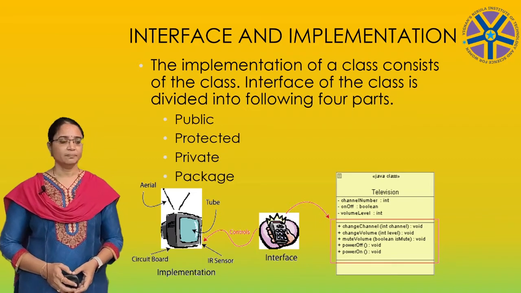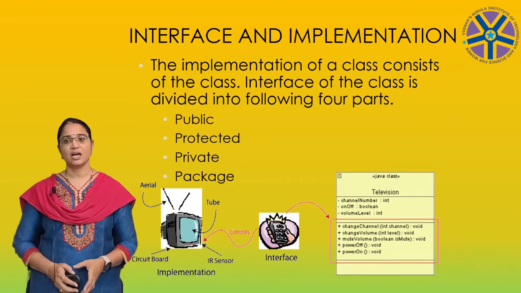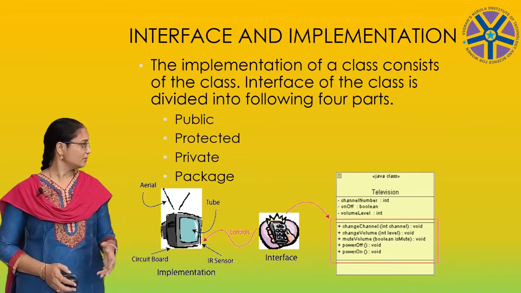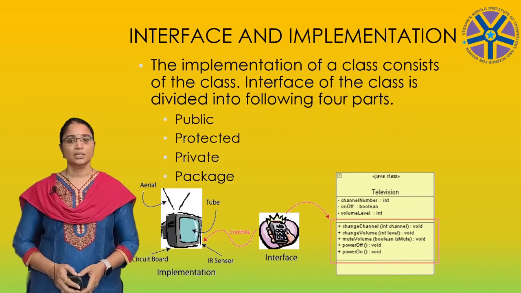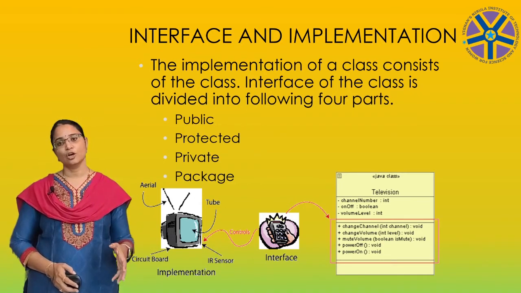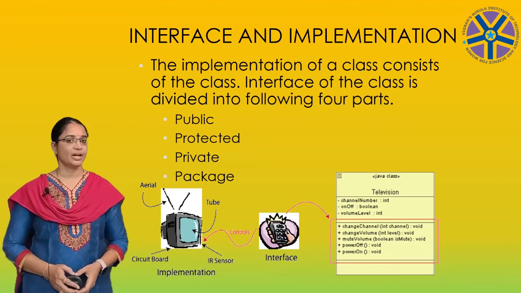In the PPT, you can see the implementation of the Television class having different attributes and operations with different visibility. Here, the plus symbol indicates public. It means it can be accessed by all the clients. The minus symbol indicates private.